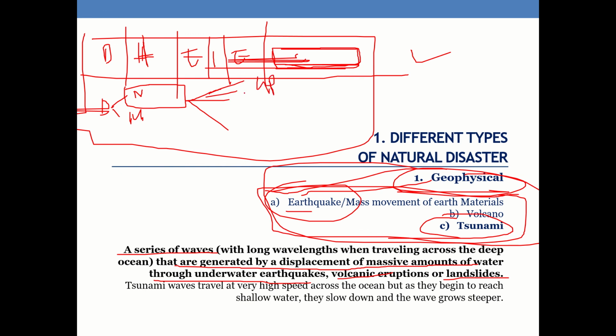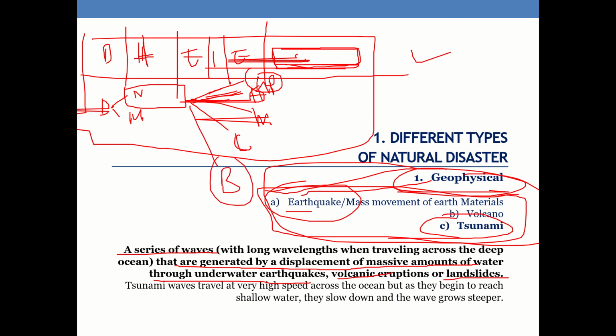Geophysical, the second one is hydrological, then the third one is meteorological, and the fourth one is climatological, and the fifth one is biological disaster.